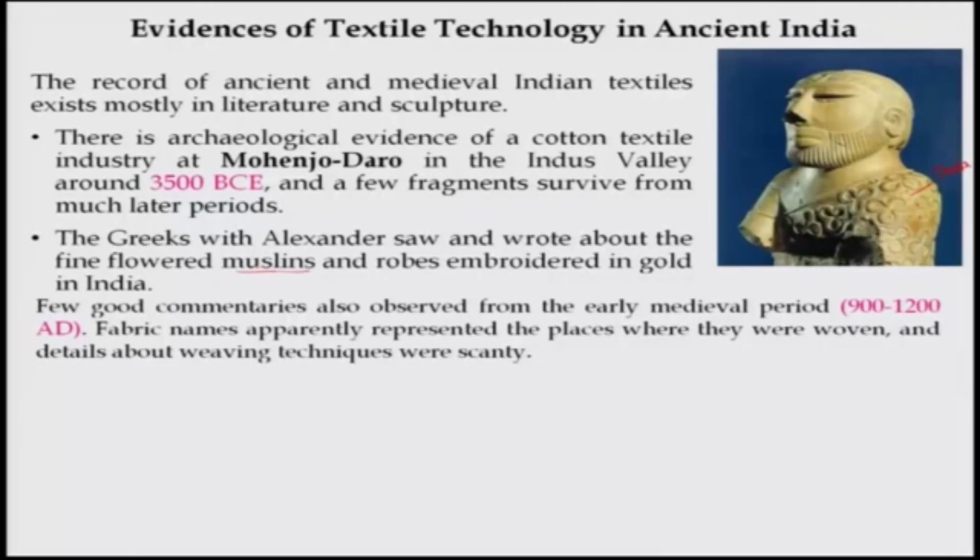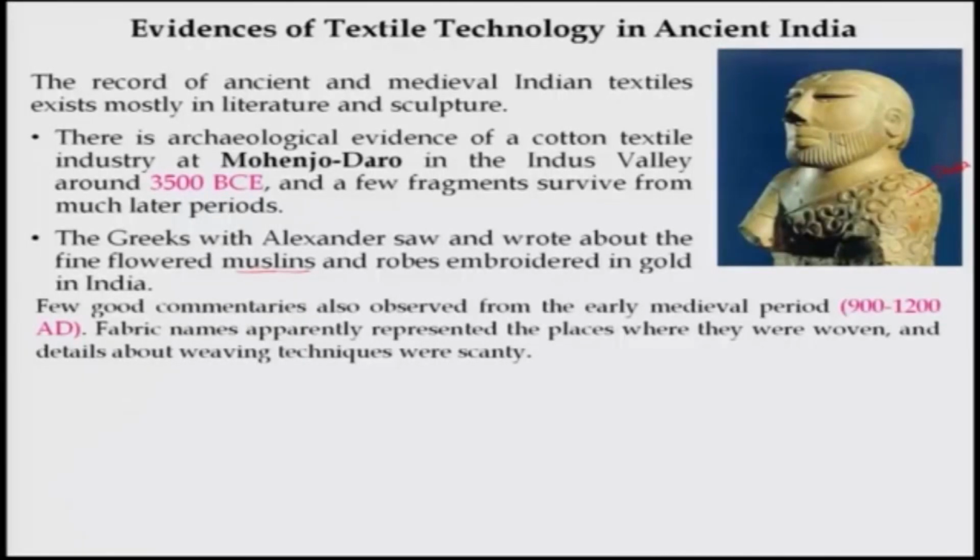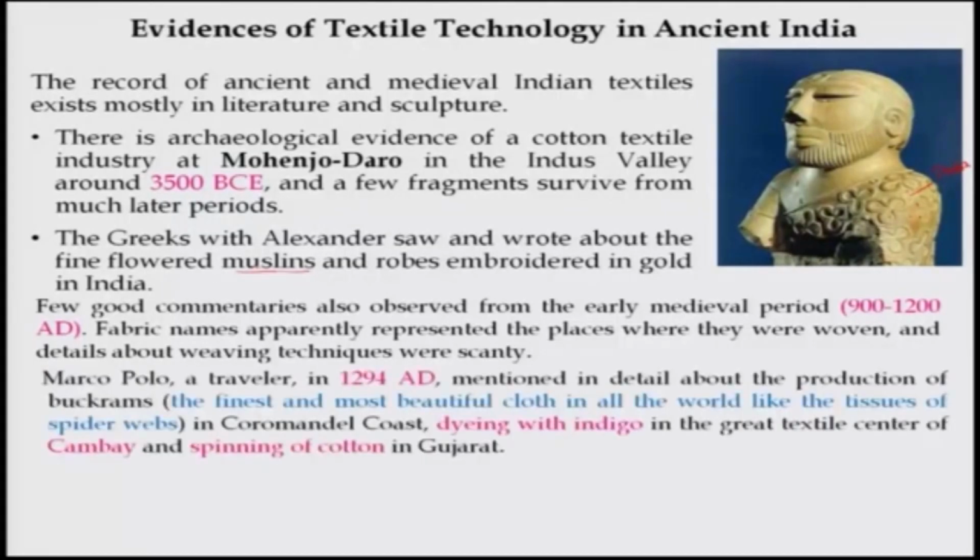The knowledge of making these fabrics, and the designs and motifs in the cloth, was transferred from one generation to another until the sudden introduction of mill textiles. Of course, it started with the Britishers, and nowadays mill cloth is very blatantly used, and those things are not recorded properly.